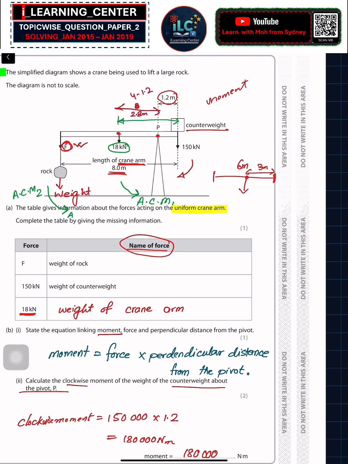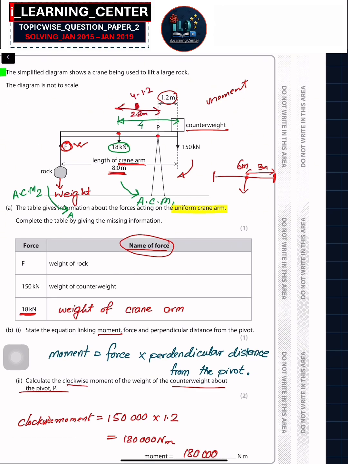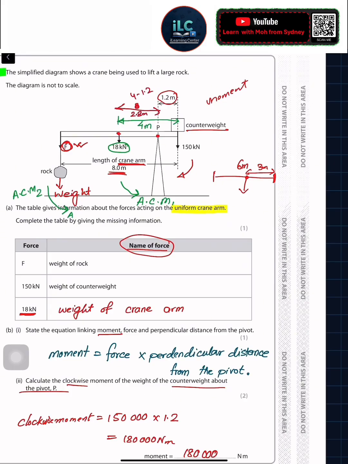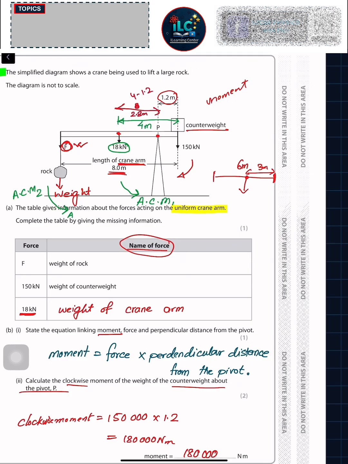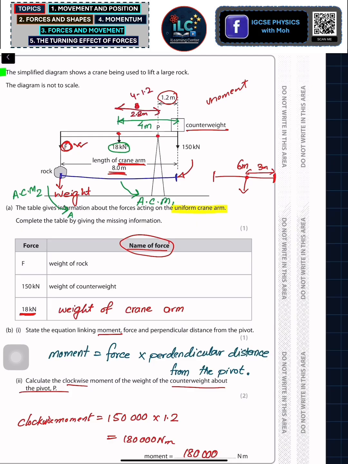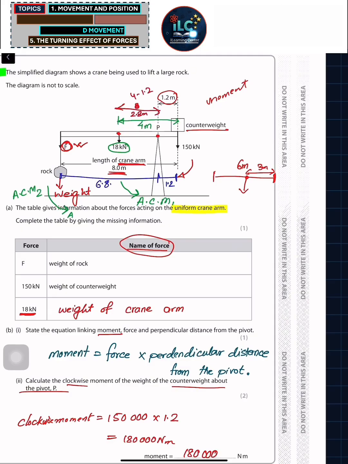And for the next one, we know that the whole length is 8. If this whole length is 8 and this is 1.2, then definitely this is 6.8 meters.